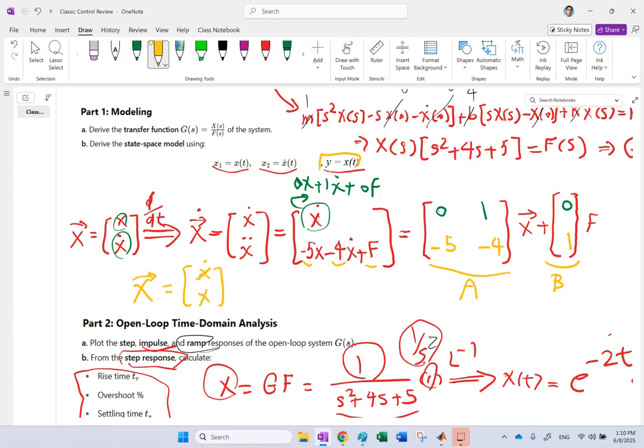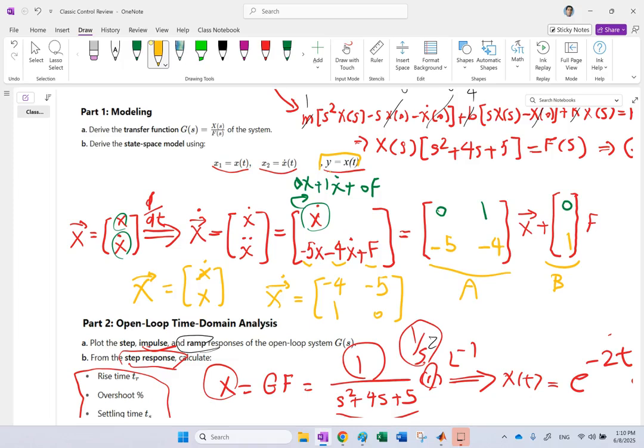If you do that, then this is going to be different, because now your x dot is going to be basically -4 and -5, and then 0 and 1, or 1 and 0. Yes. Okay, so that is going to be your A matrix.